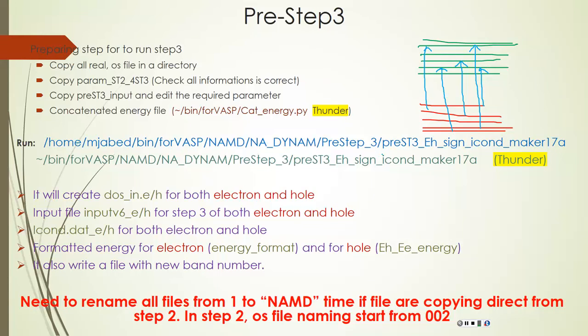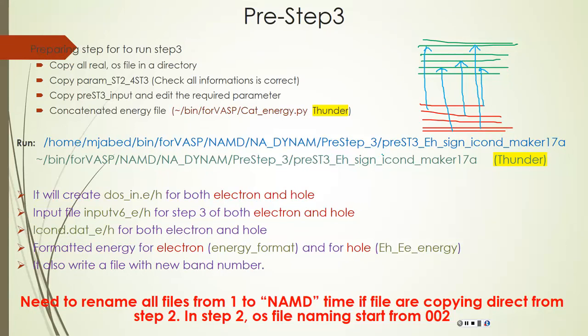And then we rename this file. If we are in the electron directory, you need to rename this file for electrons, and for the hole you need to rename the other file. In the case of energy, because this energy is formatted for the hole, you need to change this energy file, and you can use the original file for electrons.